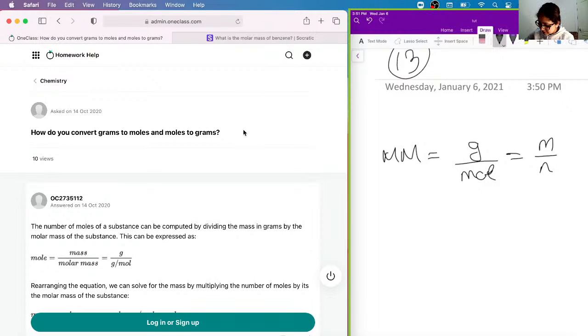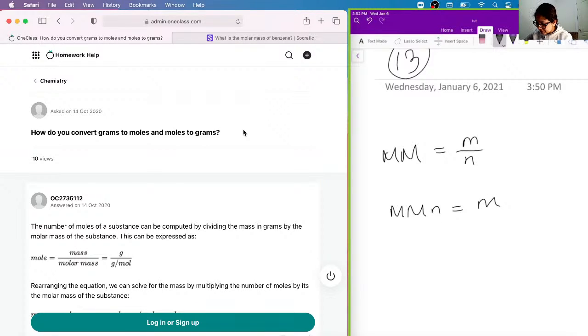Since we have molar mass equal to mass over moles, you can rearrange this equation by moving the moles to the other side.